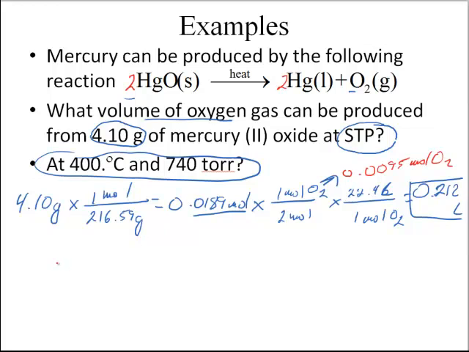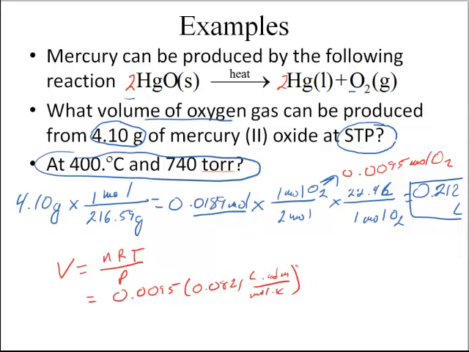So we're going to solve for volume, so V equals nRT over P, and my moles, as I just said, 0.0095. R is 0.0821 liter atm per mole Kelvin. My temperature is 400 C, which is 673 Kelvin.